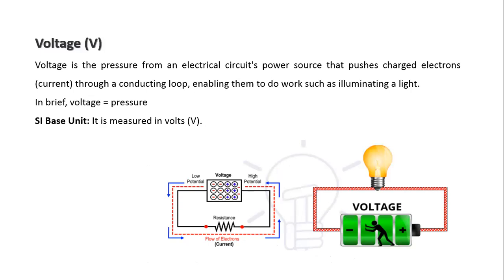As you can see in this diagram, this is a very good representation. You have a battery, which is a pressure applying source, and it applies pressure on the free electrons. They are basically stimulating the free electrons to start moving with the initial push. So the battery is a very useful element to initiate or stimulate the flow of current.